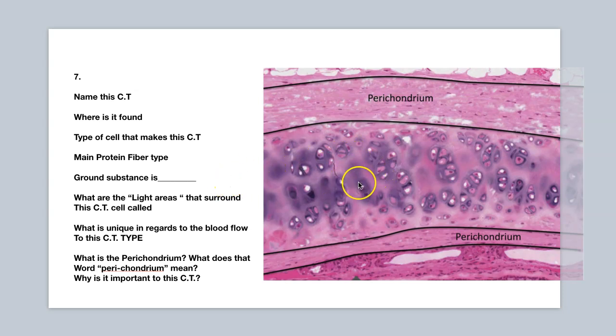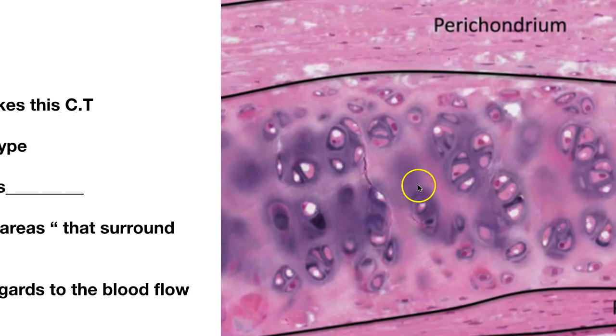This one might give you a little problem, but I want you to look at this matrix, and let me just tell you, this is kind of a hazy glass-like matrix here. It's not perfect.